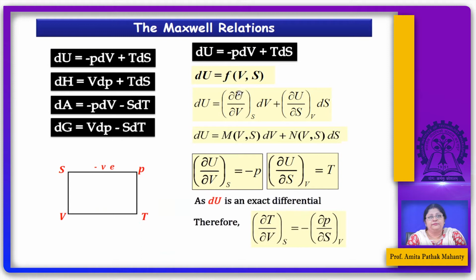So instead of T, you can rewrite in terms of S and V. The total change in U is nothing but the change in U with respect to volume at constant entropy into the total change in volume, plus the change in U with respect to entropy at constant volume into the total change in S.